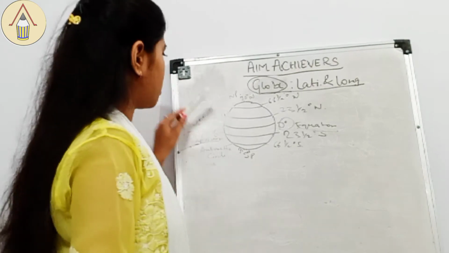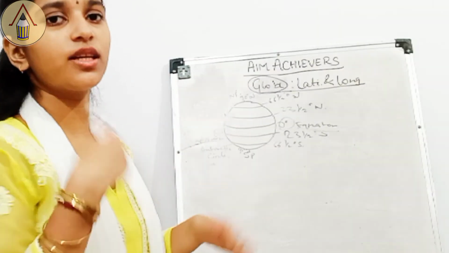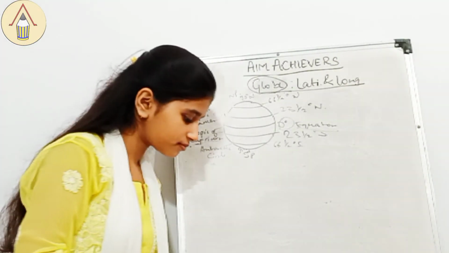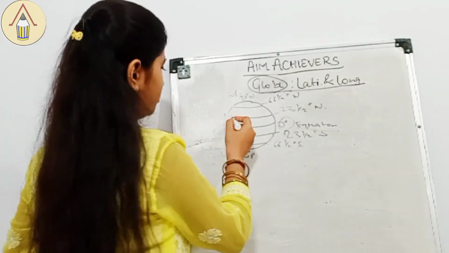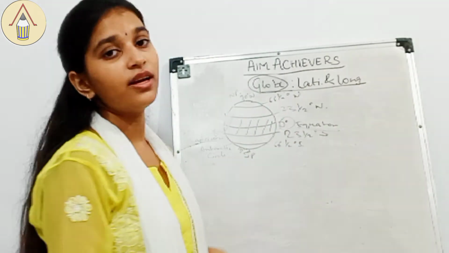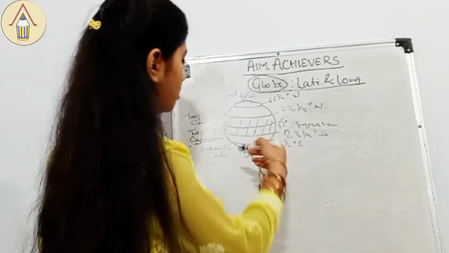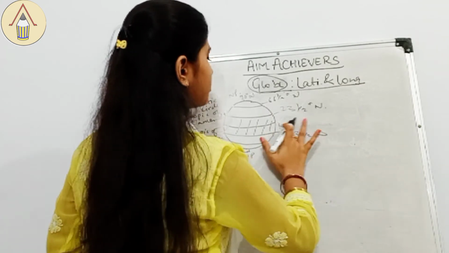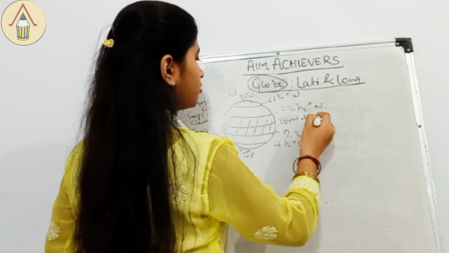Okay. So first comes Arctic, Tropic of Cancer. Always remember, equator के ऊपर आता है Cancer, नीचे आता है Capricorn. Now the area between Tropic of Cancer and Tropic of Capricorn, that is 23.5 degree north to 23.5 degree south, comes under torrid zone.